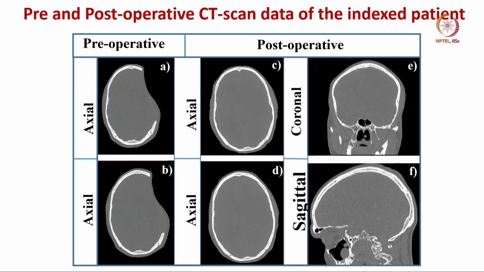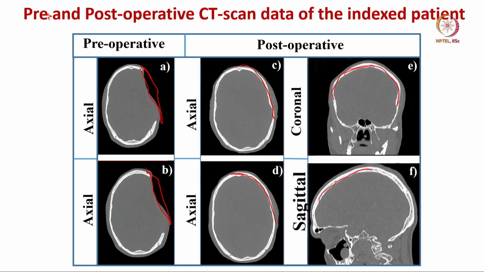If you see the CT scan based analysis of the patients pre-operative, this is the axial view. Clearly in the 2D slices you can see this part of the area in the axial that is missing. In the post operative, you can see this axial part has been reconstructed, both in the axial and also the coronal part.